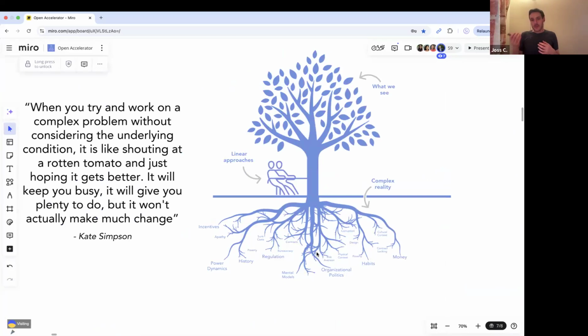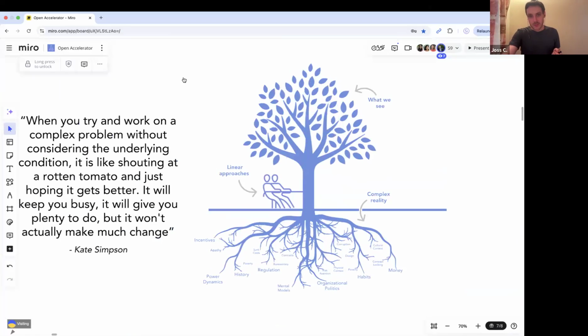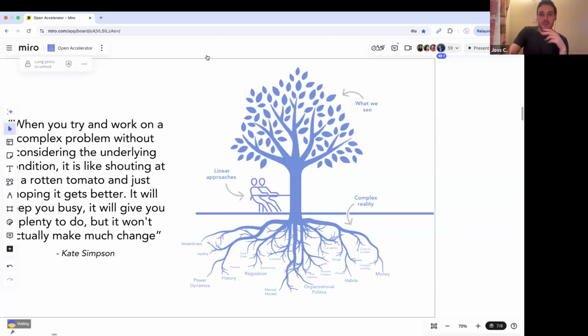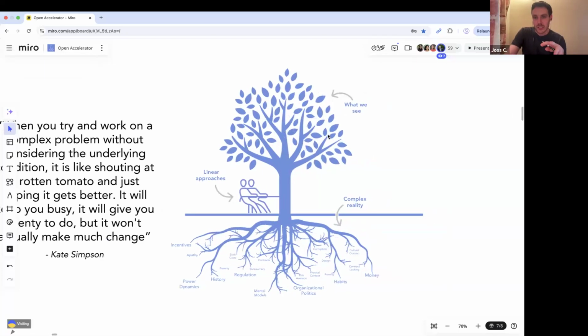They require systemic responses. And this graphic often resonates with a lot of people in terms of capturing where we find ourselves at this stage. So we have all these outcomes up here that really aren't working for us, whether it's obesity, whether it's financial instability and so forth, or inequality. We see these up here in the world, and we really want to do something about them.